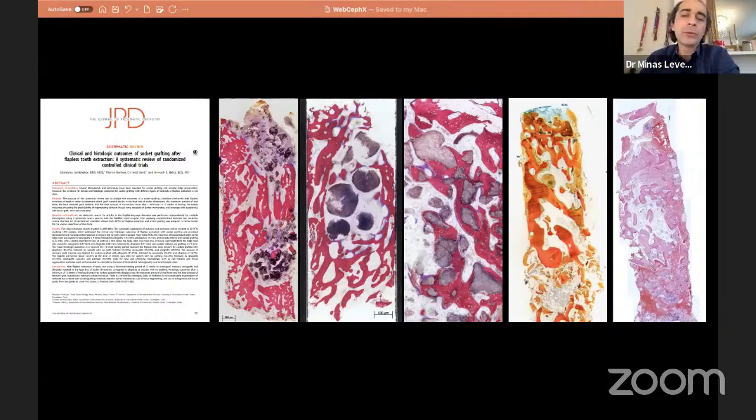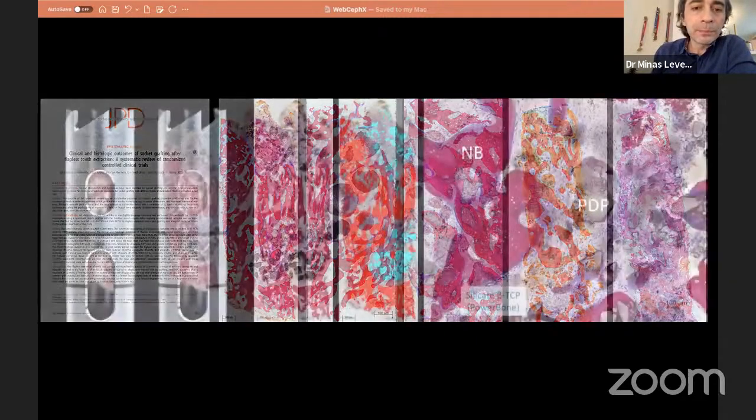What we find is that when we use those synthetic materials, constantly in human biopsies, we get 35 to 50% new bone in around 3 months. And at this time point, at 3 months, we have around 8 to 13, 14% of residual material. So our findings from our studies are fully in line with the systematic reviews.